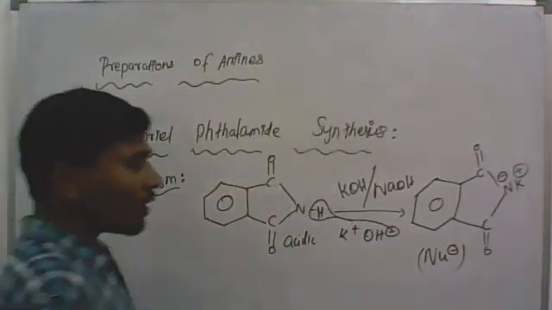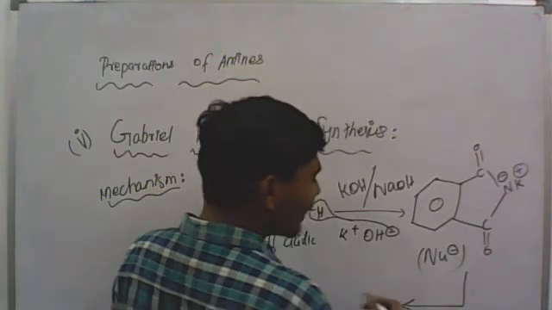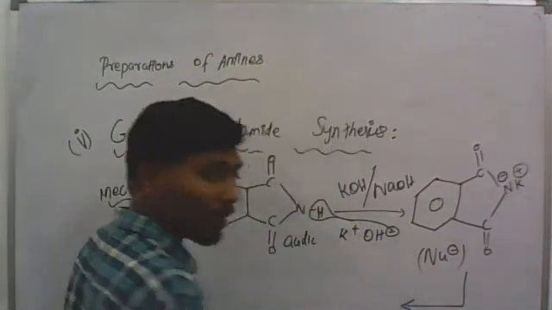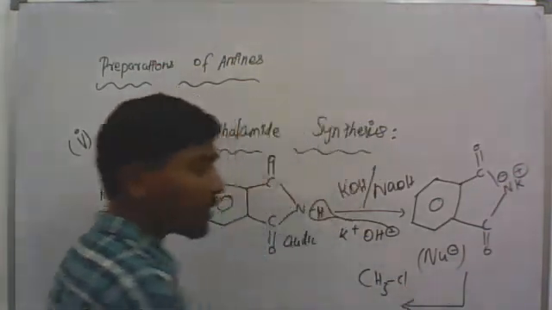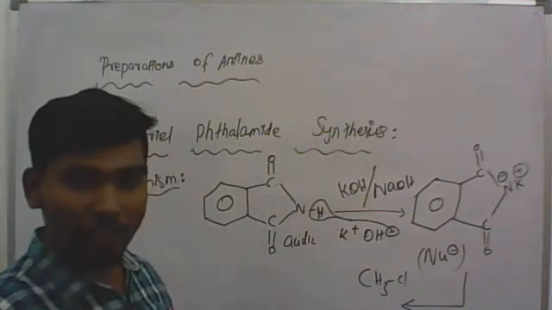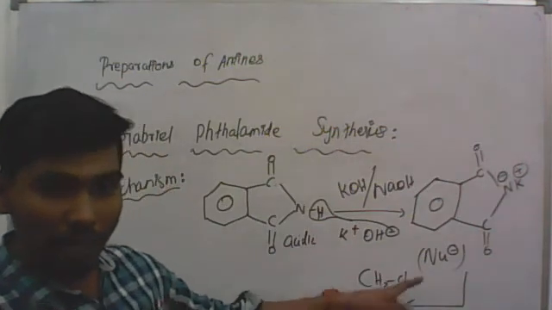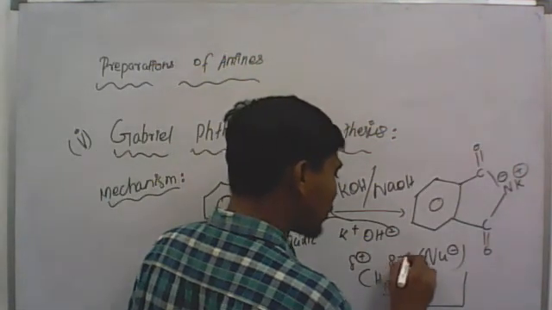Now this nucleophile is going to react with the alkyl halide. The alkyl halide may be any, for example CH3Cl. In alkyl halide, carbon is electron deficient and chlorine is an electron rich species. So it has a partial positive charge and a partial negative charge.